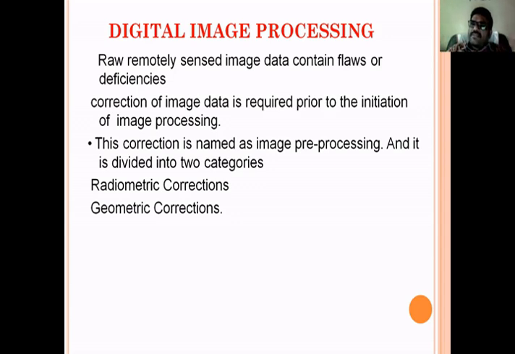That has to happen as the EMR is traveling from space to target, and target to space, that means to the sensors. There might be a loss of some energy.